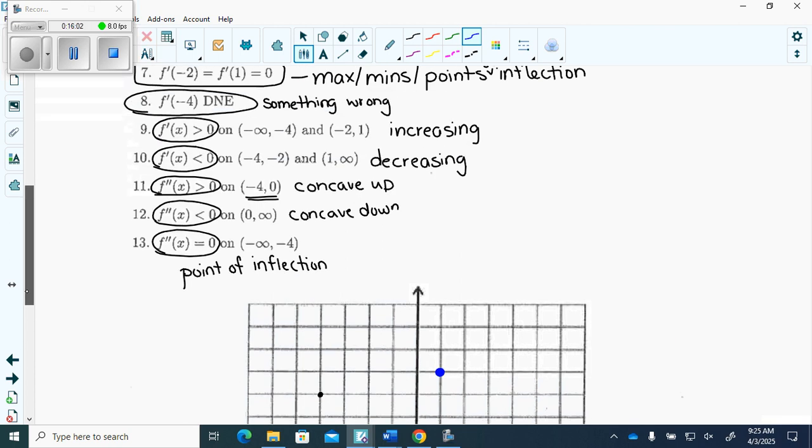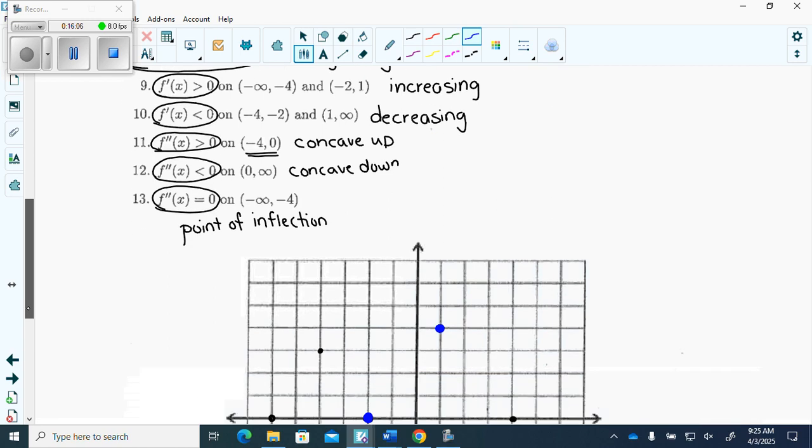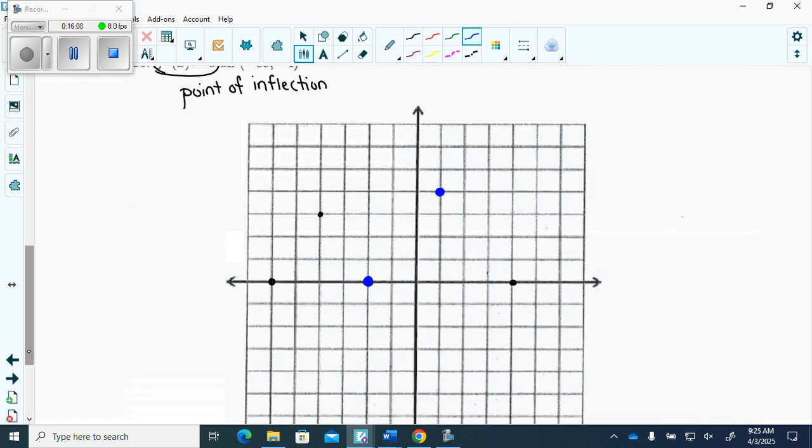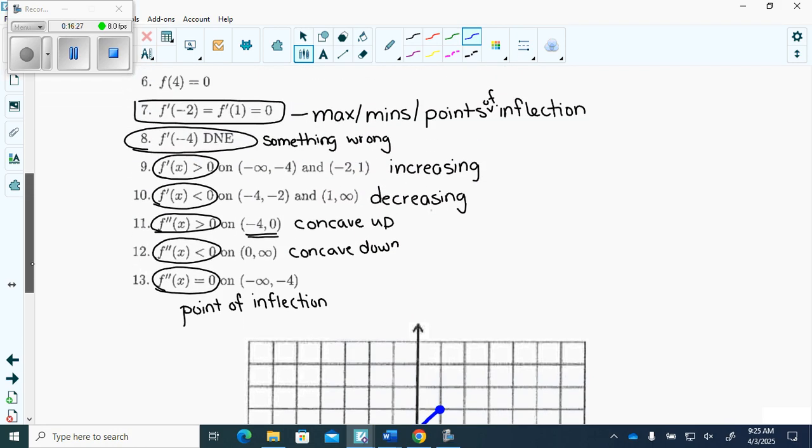Then it says that this graph is increasing from -infinity to -4 and -2 to 1. Then what is it?